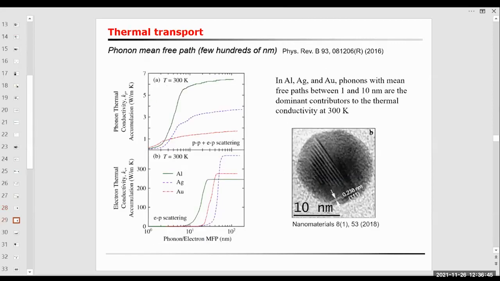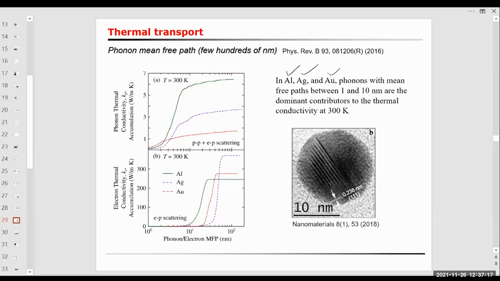Similarly, if you want to tap some exotic thermal properties, again the size of the nanoparticles should be in the range of the phonon mean free path. In classical materials like aluminum, silver, and gold, the phonon mean free path is between 1 and 10 nanometers.